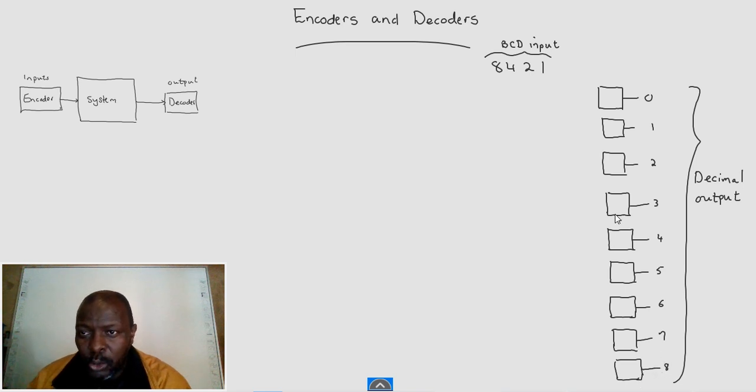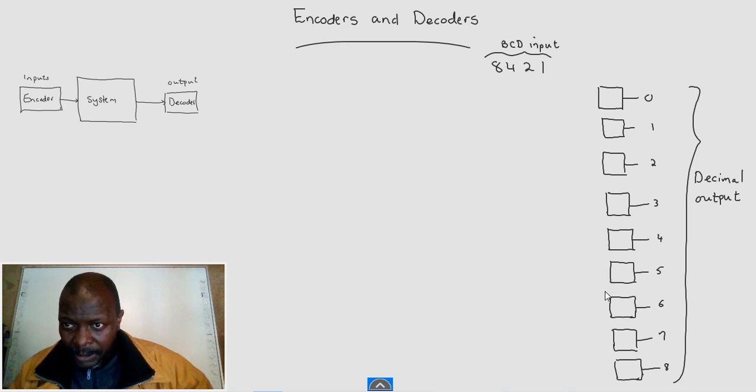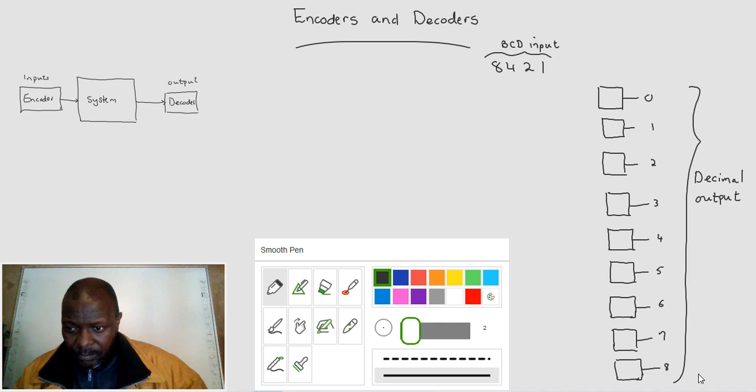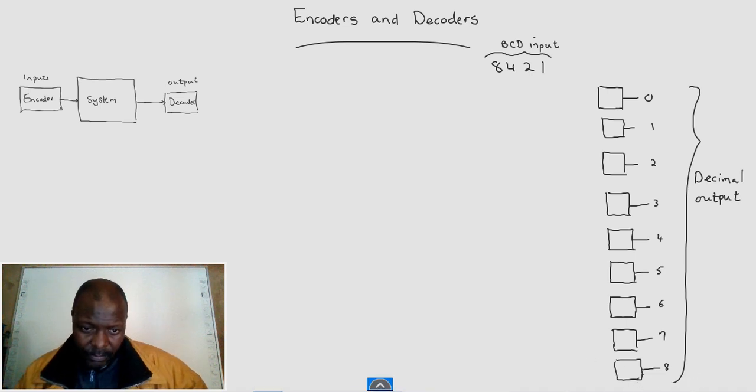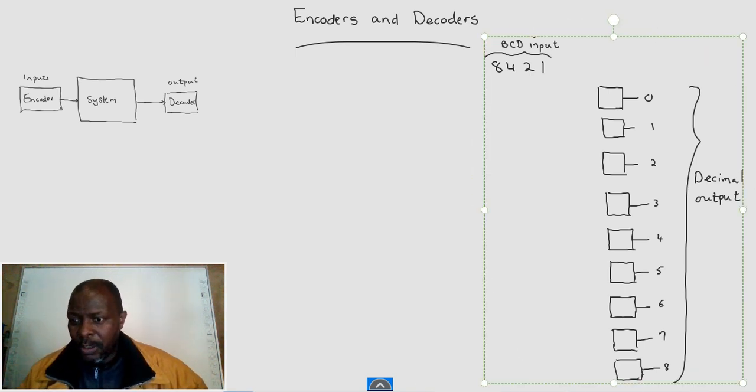And I'm still short of 9. So let me try and group this. Let me make it smaller. That's the only way I can win here. Let me make this a little bit smaller. That's the only way I will win.